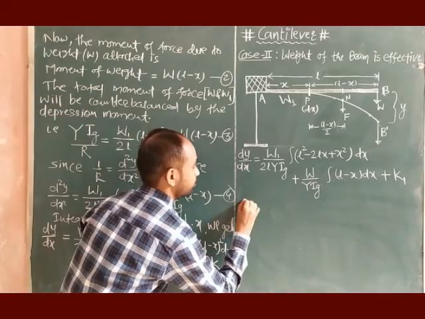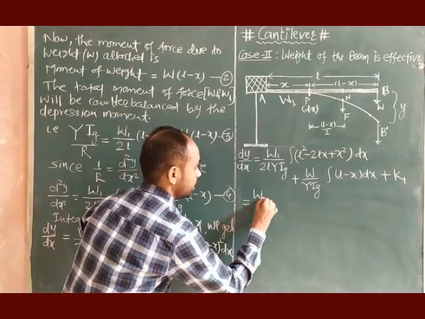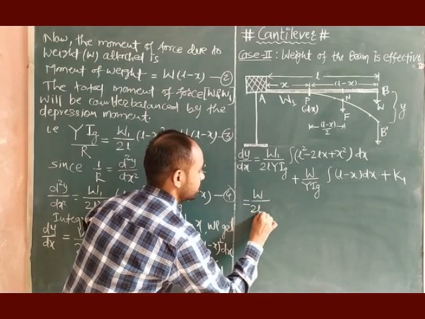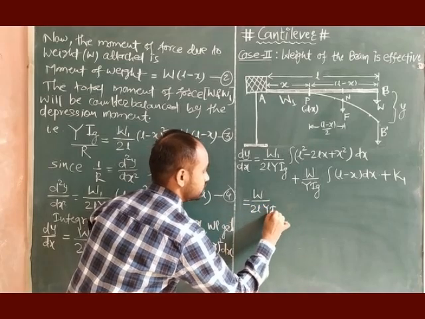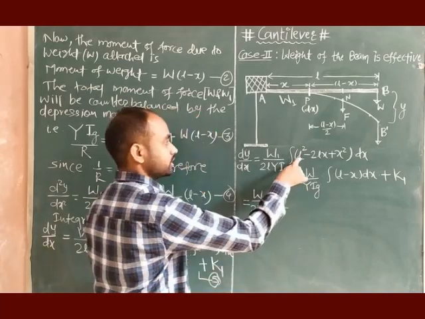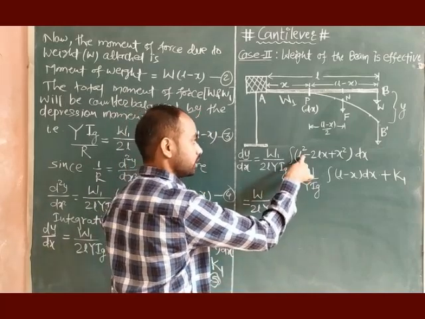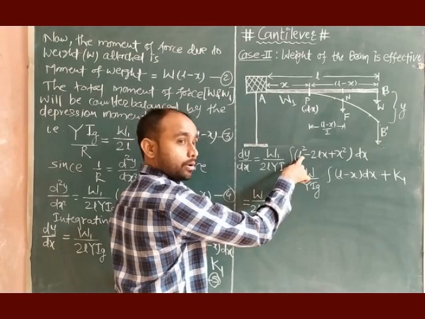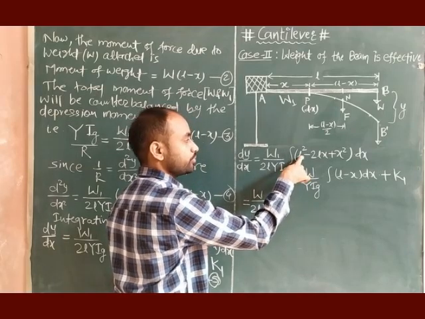So let me write here w1 divided by 2 L y_ig into, now what is integration? Integration of L square, L square is constant, and the coefficient in the multiplication of L square we have 1.